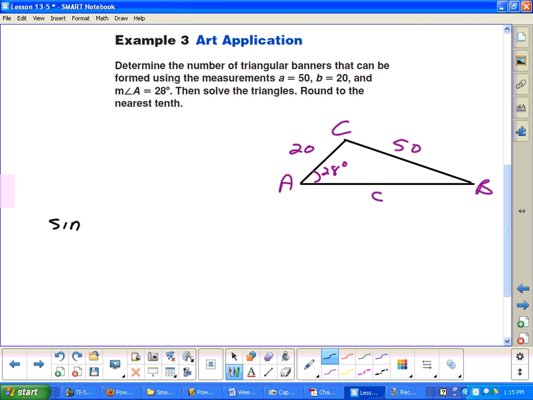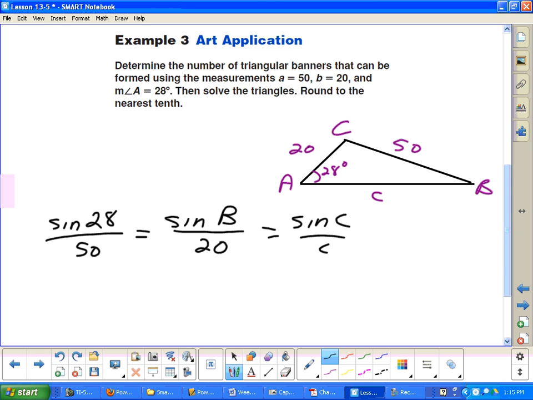Sine of A, 28, divided by 50, equals the sine of B. I don't know angle B, but I do know side b is 20. And I don't know anything about angle C or side c.